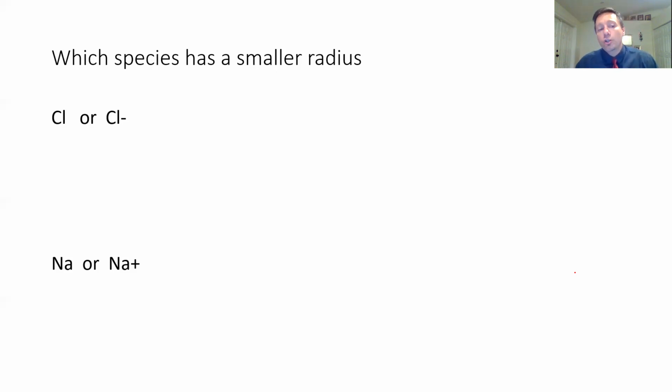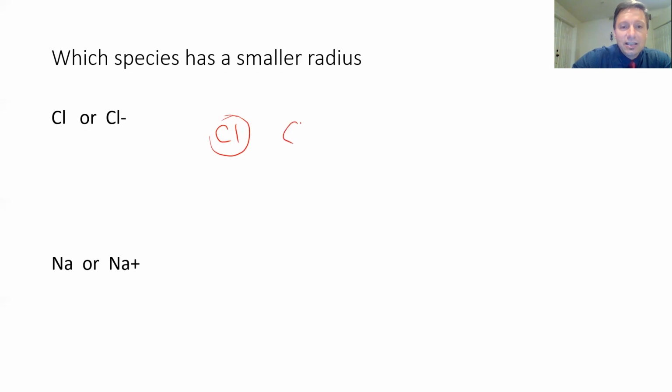So sodium 1+ is going to be smaller than the sodium. Why? Think about that. It lost a layer. So sodium gave up that 3s1 electron, which means it's now going to be able to compact itself more. So when you talk about chlorine, you go Cl, you have something like that.